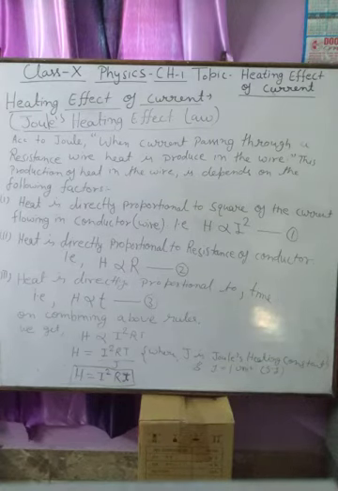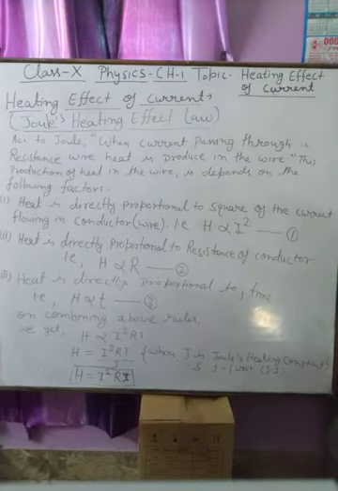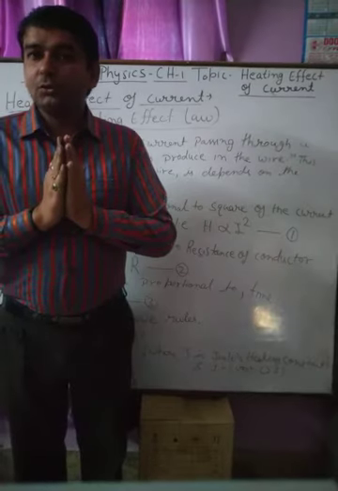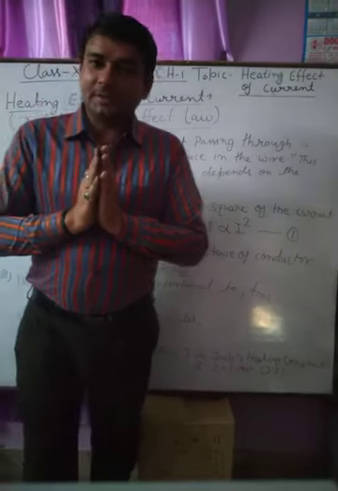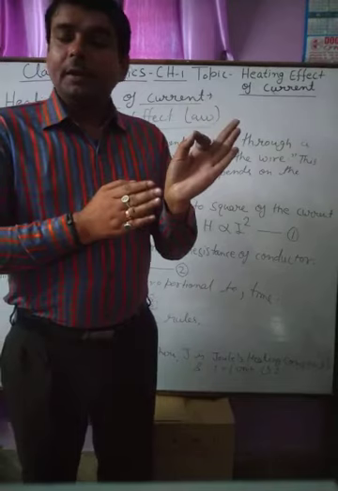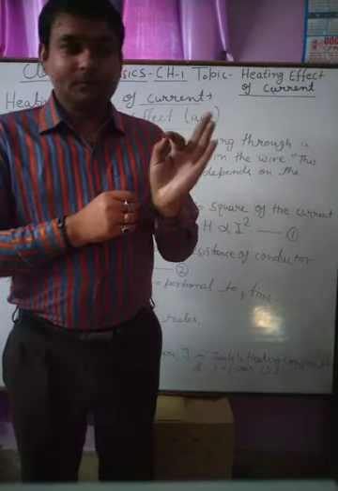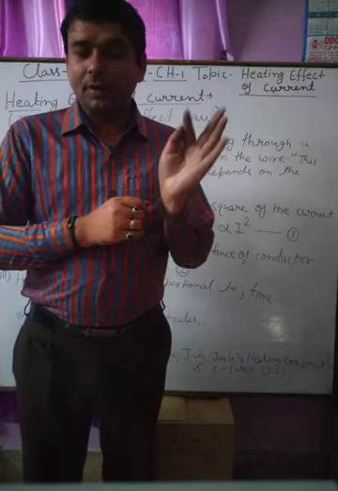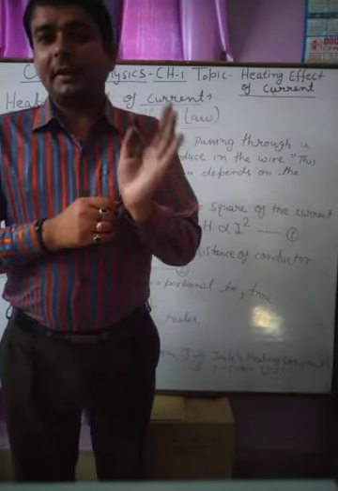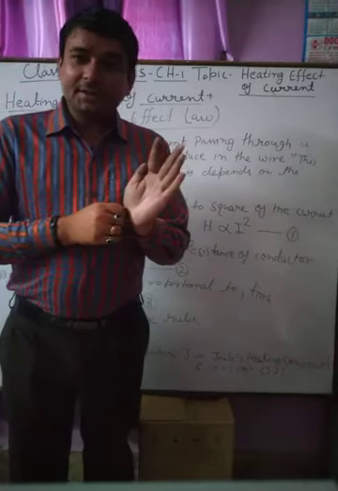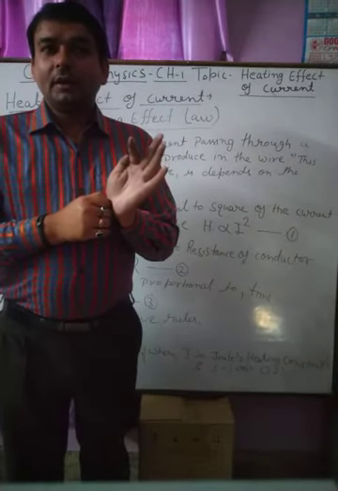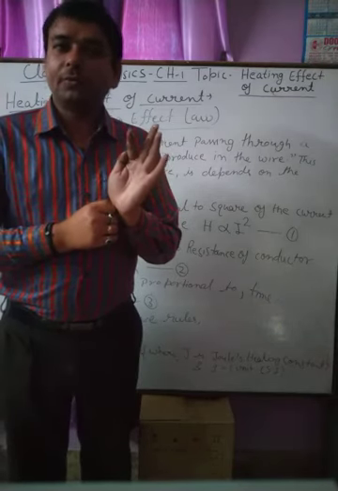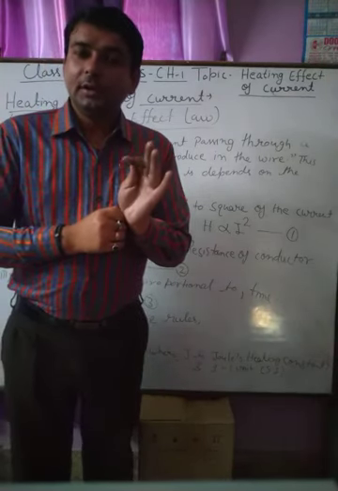In the next class, we are discussing the applications of Joule's heating effect. We have three applications: one is the electric bulb, second is the electric heater, and next is the fuse wire, the electric fuse.